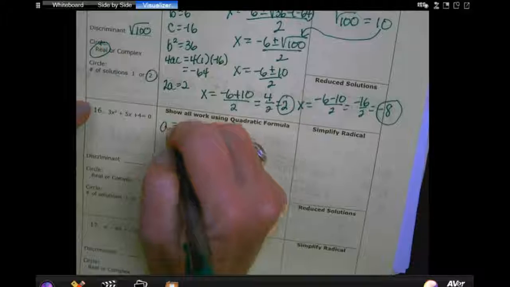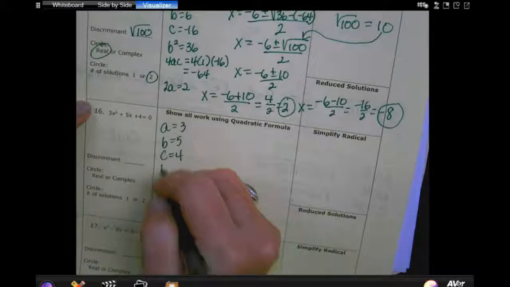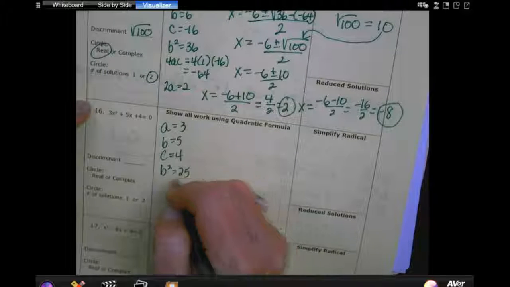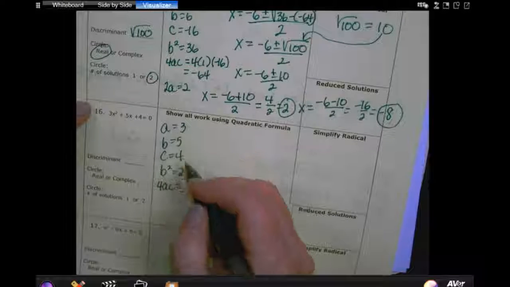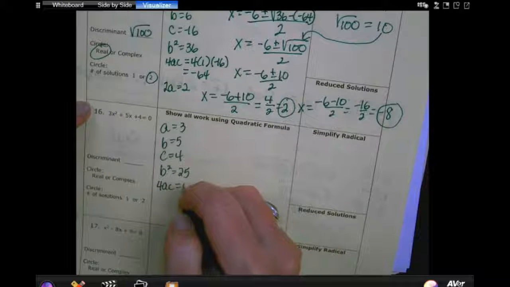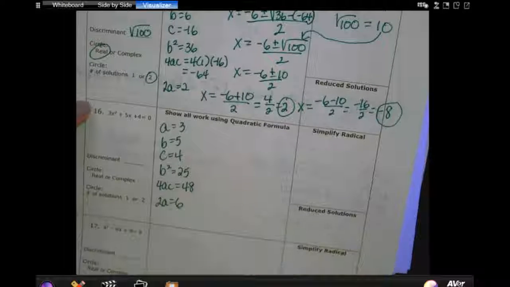But number 16, if we work this one, a is 3, b is 5, and c is 4. b squared is 25. 4ac is going to be 12 times 4 is 48. And 2a is 6.